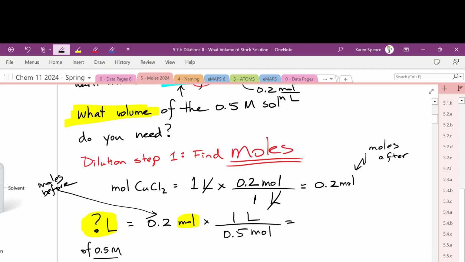So 0.2 divided by 0.5 is 0.4 liters. So I need 0.4 liters or 400 milliliters of this stuff, and then I dilute it to 1 liter and I get 1 liter of this stuff. That kind of makes sense? Okay.